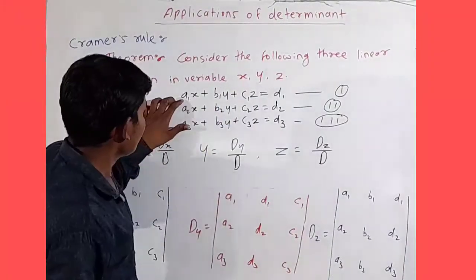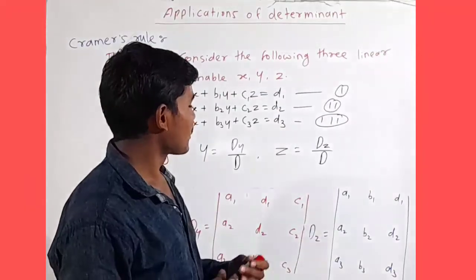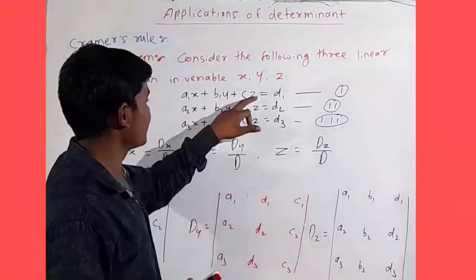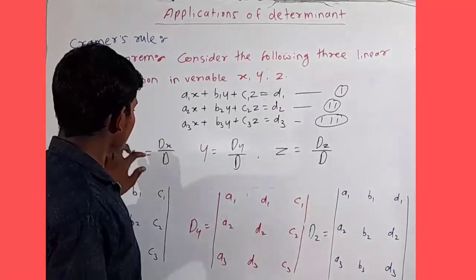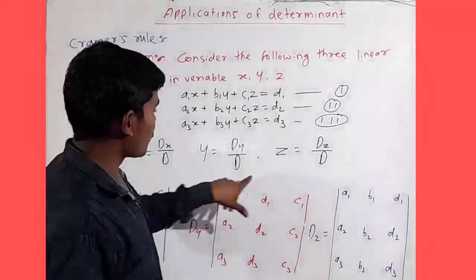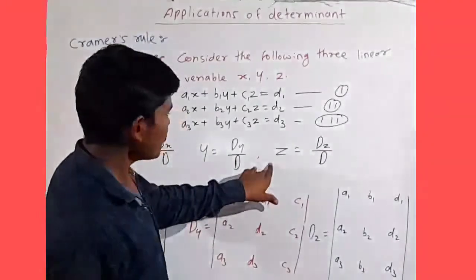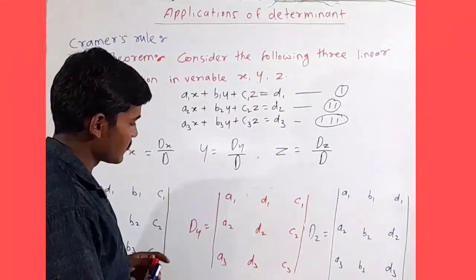Here a, b, c and d are the constants and x, y, z are the variables, and this is the solution of our linear equations.